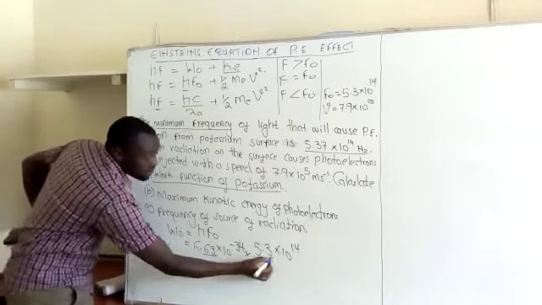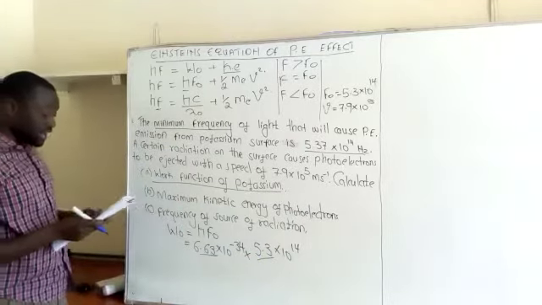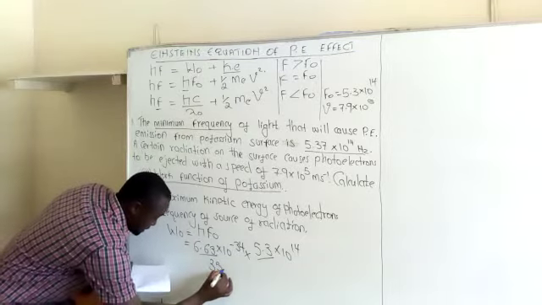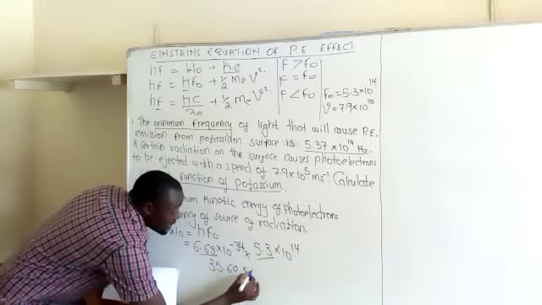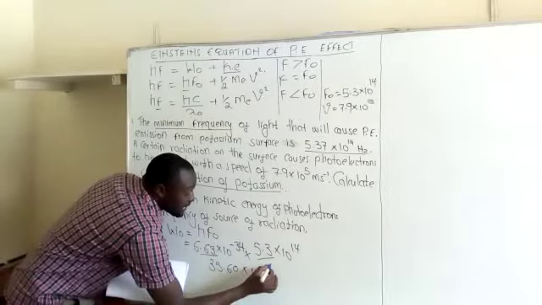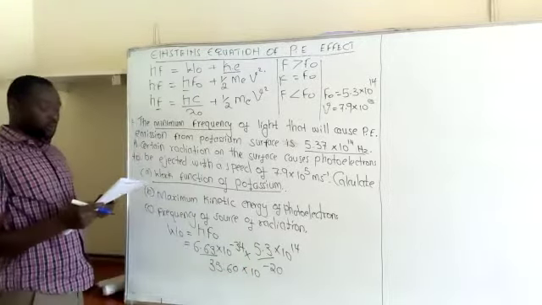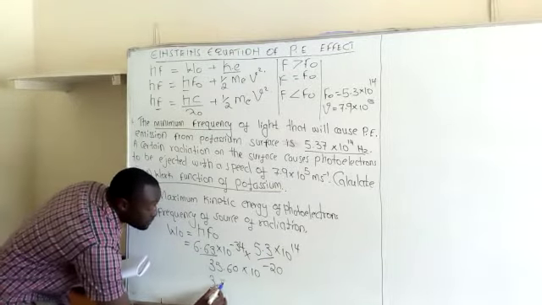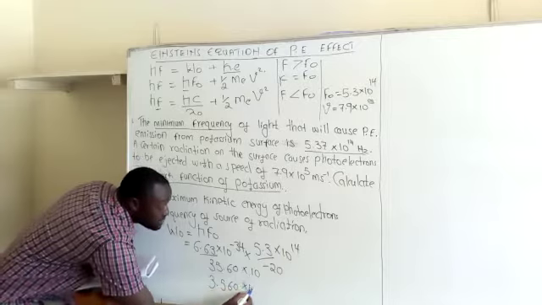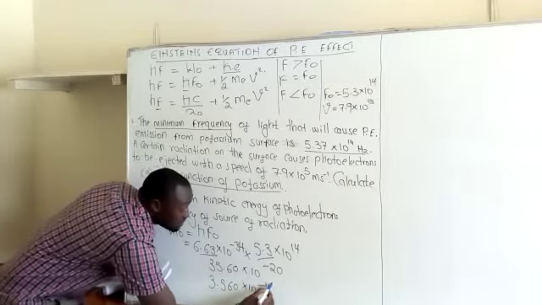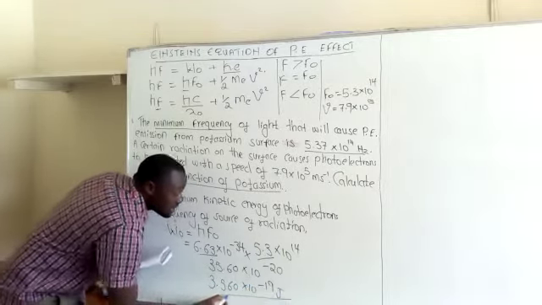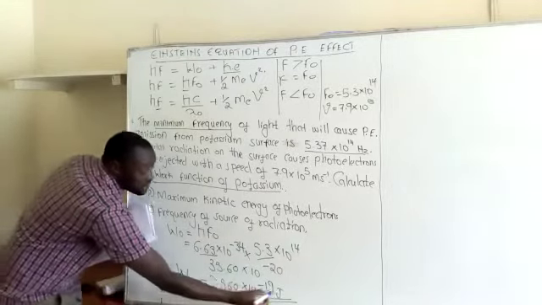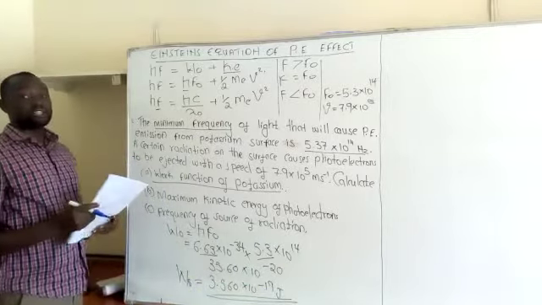On multiplying 6.63 times 5.3, it will give us 35.60 times 10 to the power negative 20, which in standard form is 3.560 times 10 to the power negative 19 joules. That is the work function. Its SI unit is joules, since it is energy.